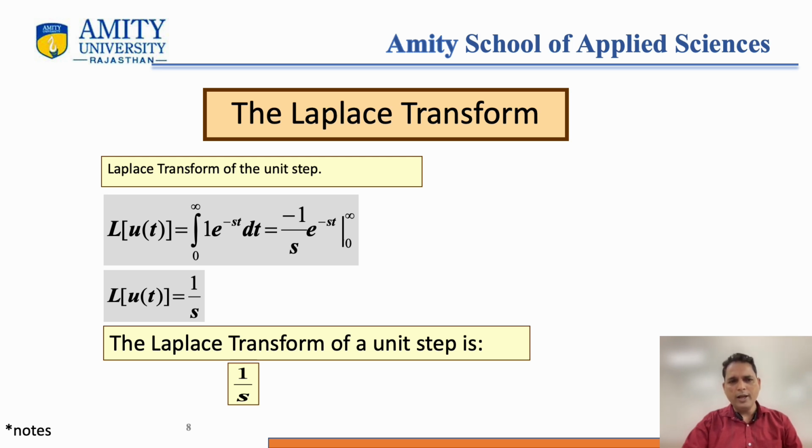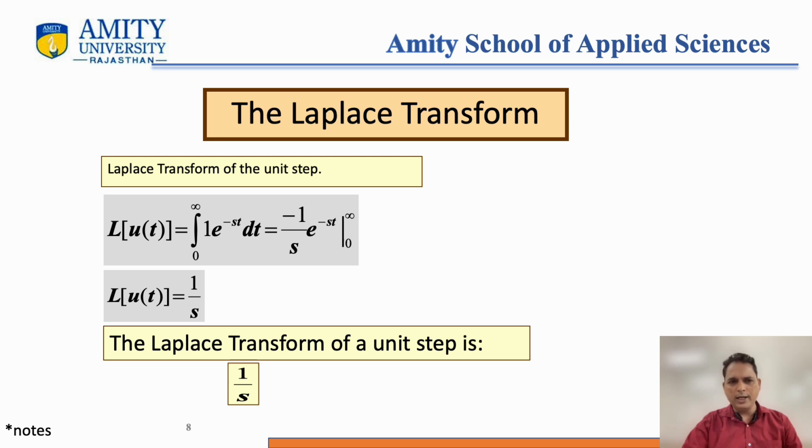As your upper limit is infinity, you know that e to the power minus infinity is 0. So when you apply the upper limit, your answer becomes 0. When you apply the lower limit, your answer becomes e to the power 0, and e to the power 0 means 1.